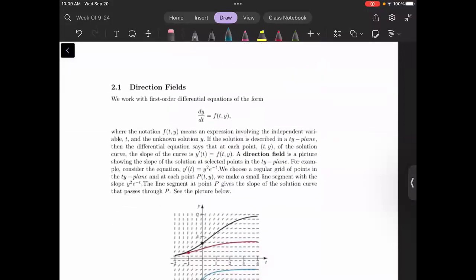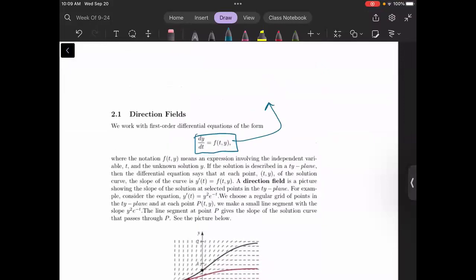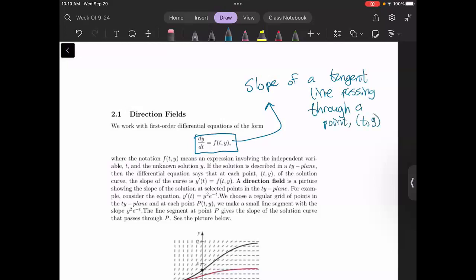So the idea is this: dy/dt equals f of t, y. This represents the slope of a tangent line passing through a point t and y of t.